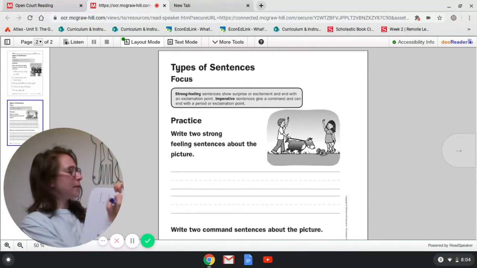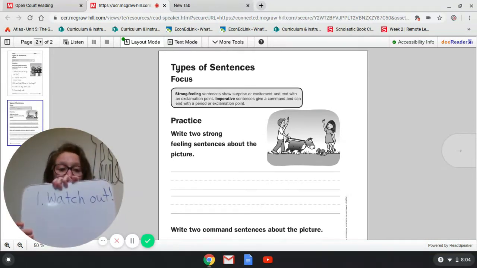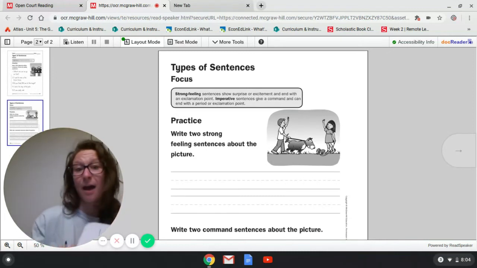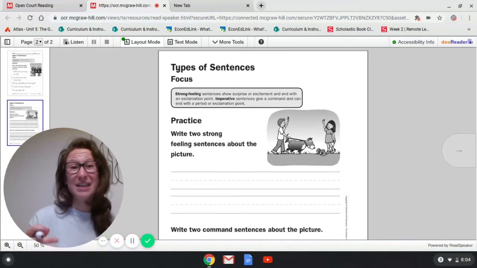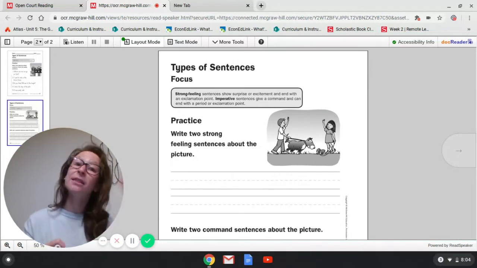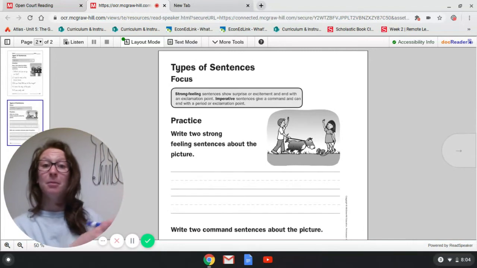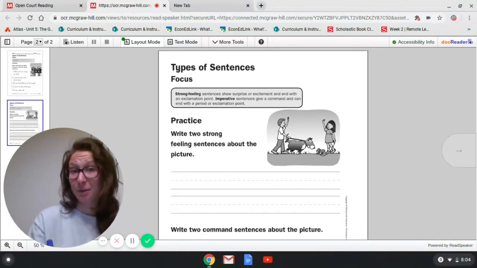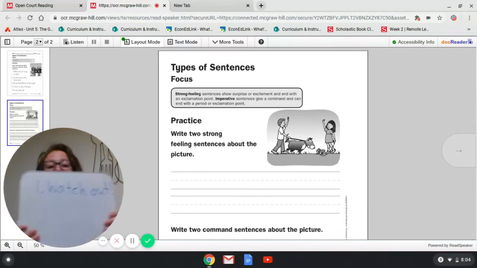Now, why do you think I think that the little girl might say that? Watch out. An imperative sentence like that. Maybe the little dog's feeling afraid and the big dog looks like he's gonna trample him or accidentally hurt him. So maybe the little girl is telling that little boy, watch out, watch out for your dog. Because she wouldn't want her dog to get hit, right? Or hurt. All right, watch out.